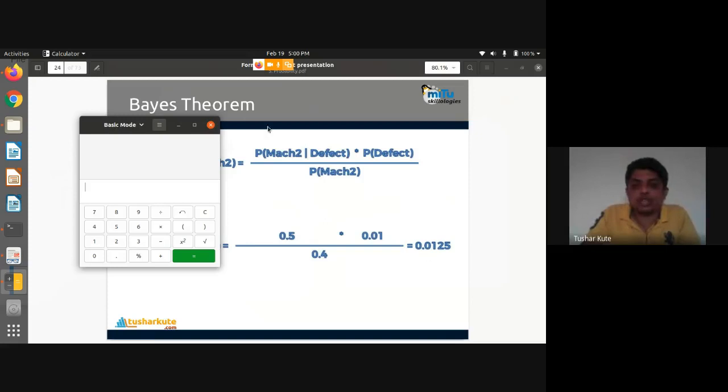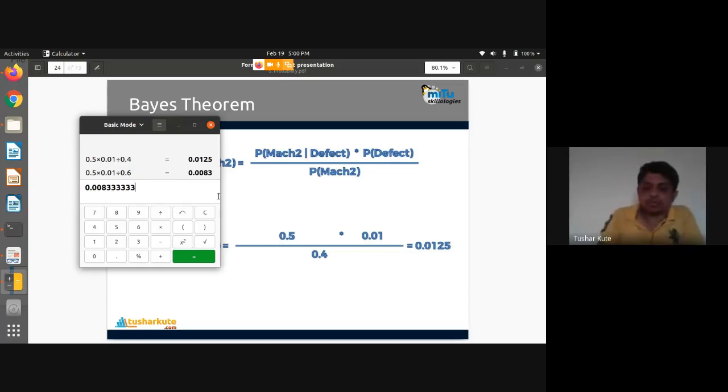So see this one. First, machine 2's probability is 1.25%, correct? And machine 1's probability will be 0.5 into 0.01 divided by 0.6. This is done.